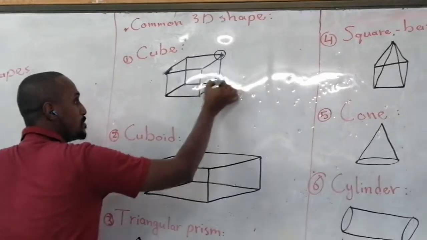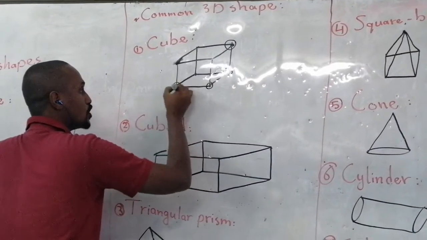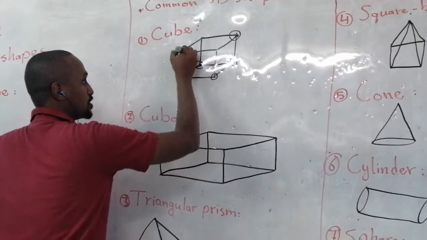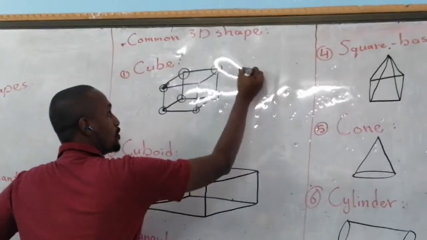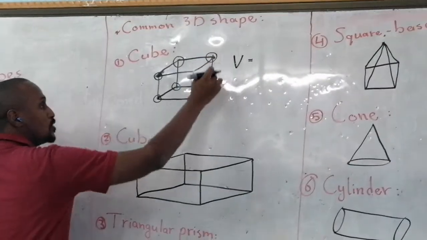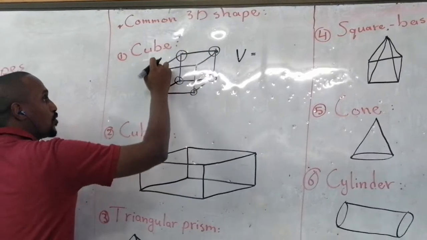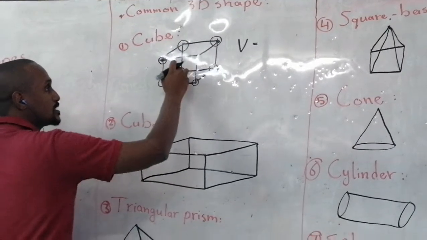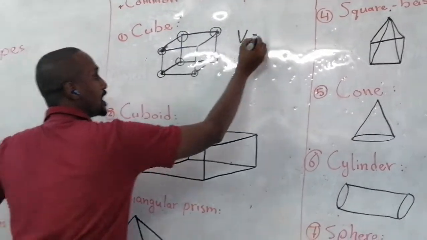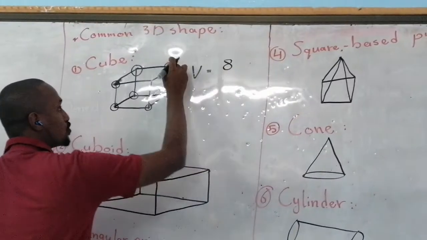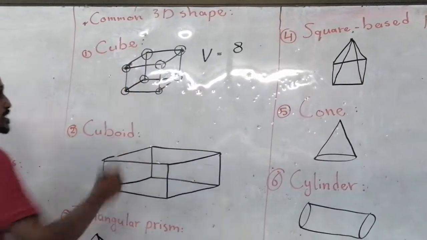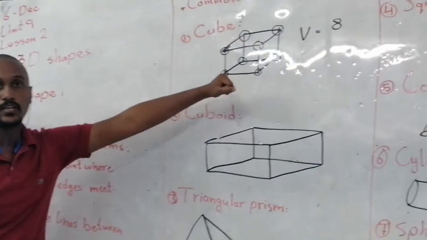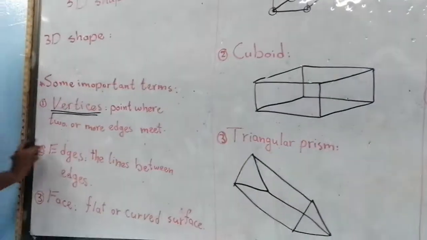Where the lines meet, it's called vertices. So this cube has how many vertices? 1, 2, 3, 4, 5, 6, 7, 8. It has 8 vertices.